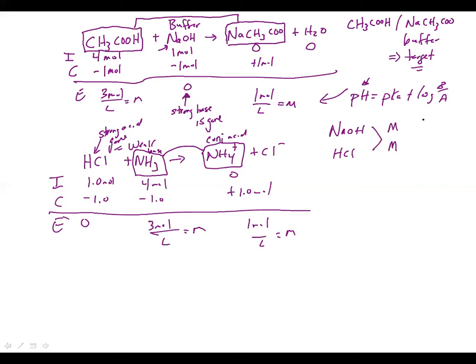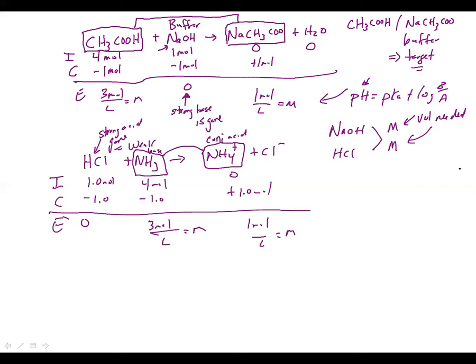So really what you're going to have to calculate in order to do this correctly is to figure out the volume needed of each of these, or whichever one you choose. So you would need to figure out the volume needed of sodium hydroxide to add to your acetic acid to generate the right ratio of base to acid so that you end up with the correct pH.